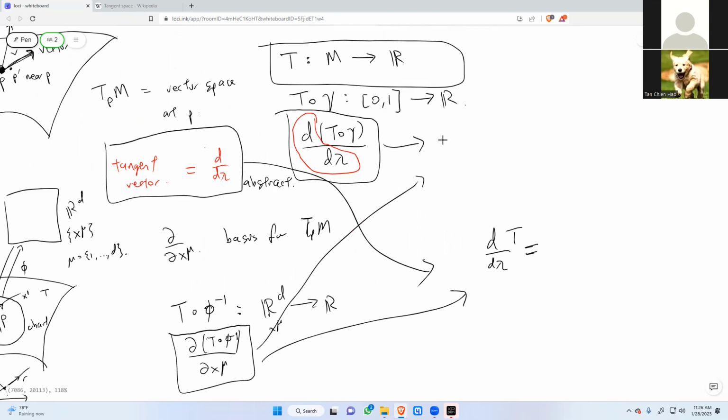When we consider these two tangent vectors, we can consider a map. Okay, let me think how I can formulate this.